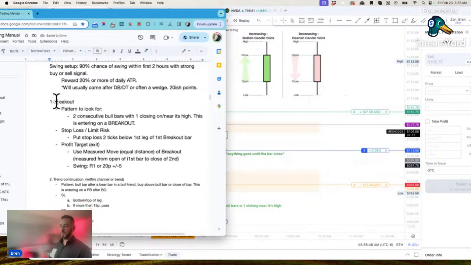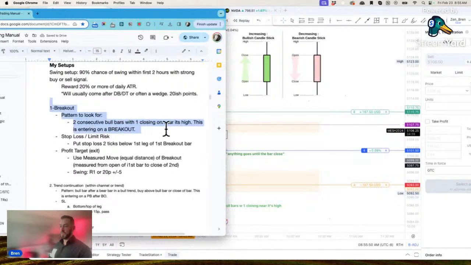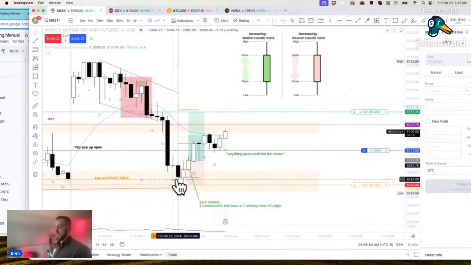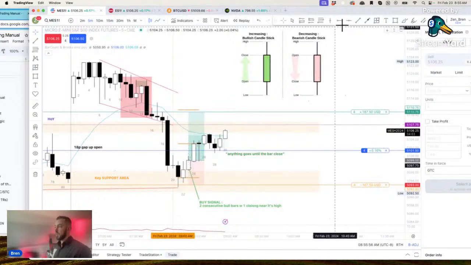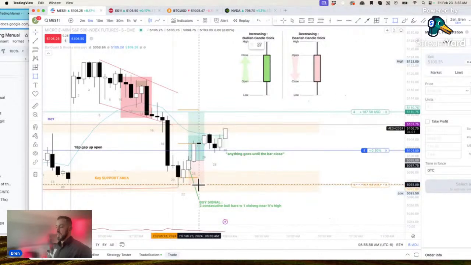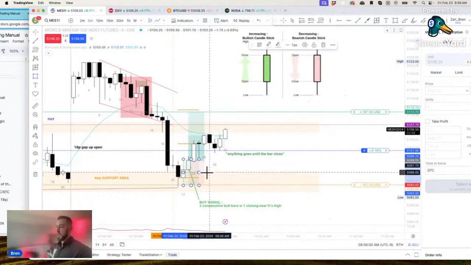Okay, so the first one is 2 consecutive bull bars with one closing on a near tie. That's this guy, right? 2 consecutive bull bars right here. So signal 1, right here.